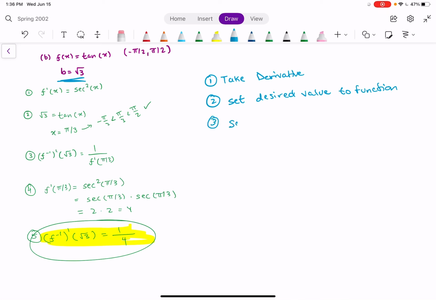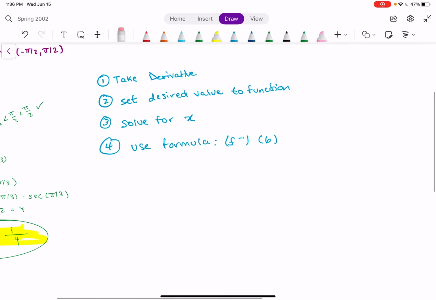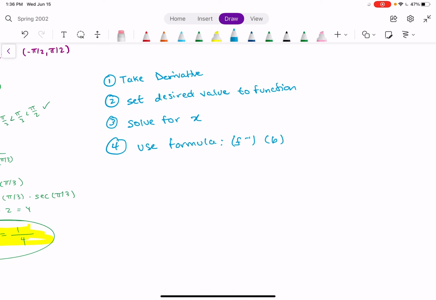Third, solve for x. Fourth, use the formula, which goes f inverse prime of the desired value equals 1 over f prime of x, which is the value you solved for.